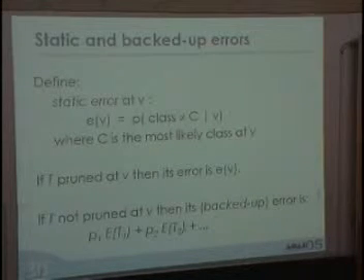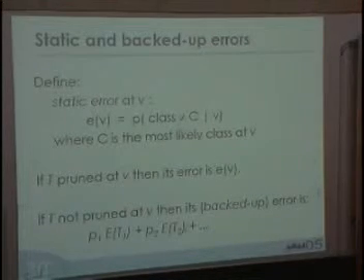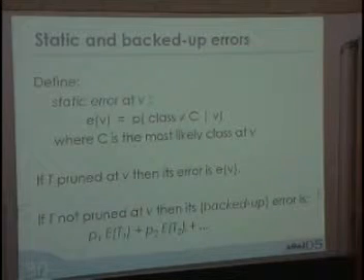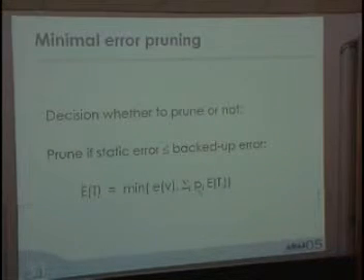So that's the overall error of the optimally pruned subtree. Okay, and now the decision about pruning is reduced to this.